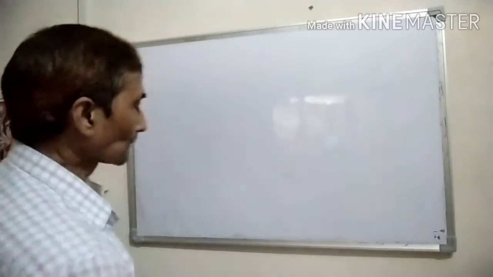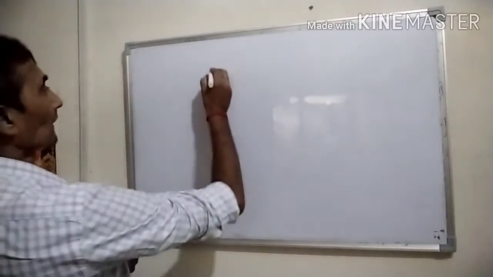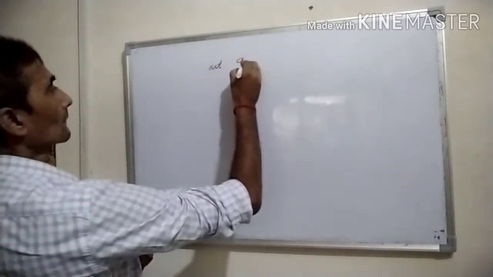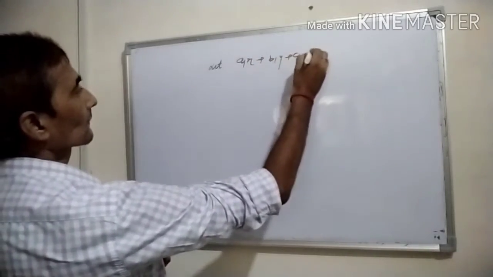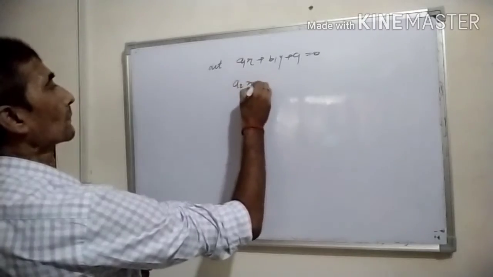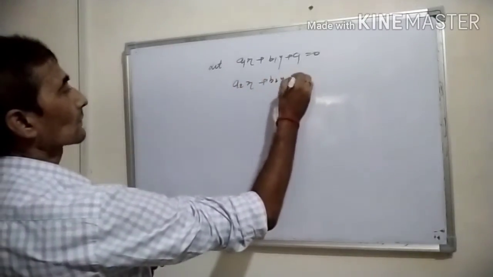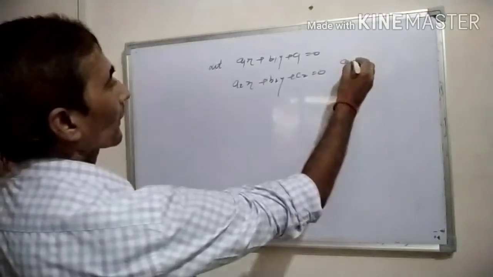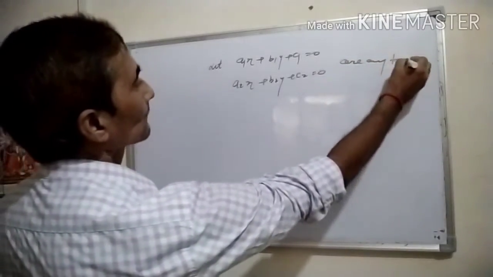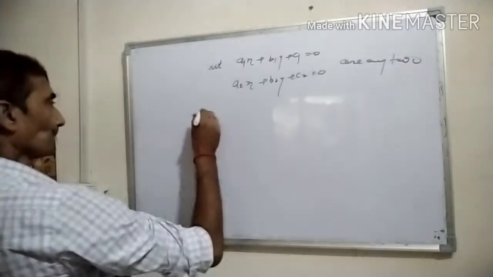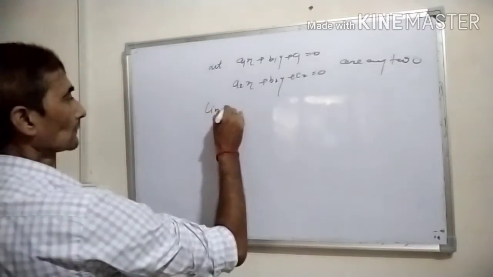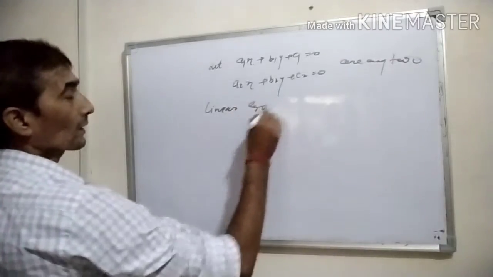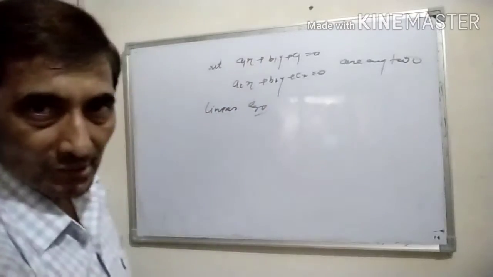So come and try to learn. Let a1x plus b1y plus c1 equal to 0 and a2x plus b2y plus c2 equal to 0 be any two linear equations.